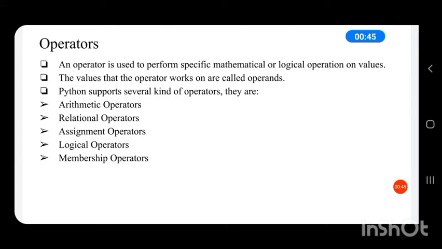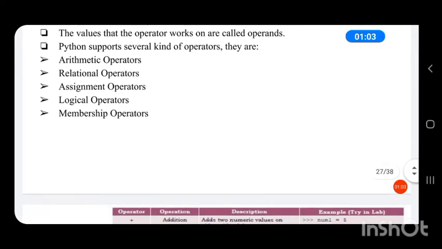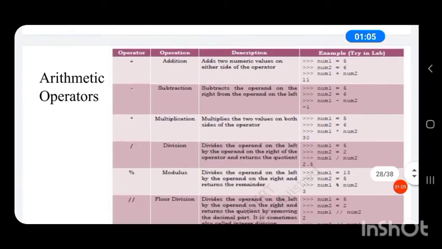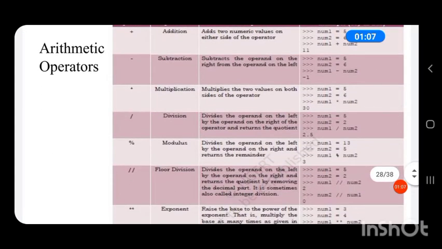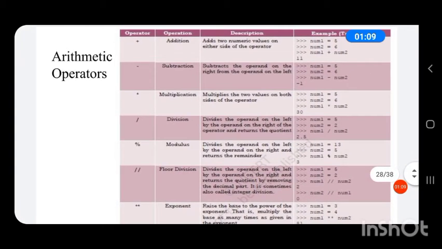Python supports several kinds of operators. They are arithmetic operator, relational operator, assignment operator, logical operator, and membership operator. Let us see the different types of operators. The first type is the arithmetic operator.